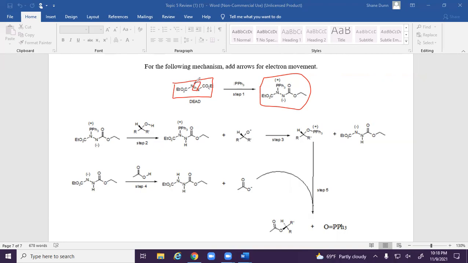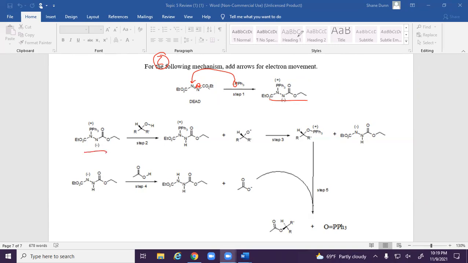Right? Okay. So what occurs is the bond breaks here. Electrons go to this nitrogen. These electrons go to that nitrogen. So far, 2 arrows. We then take this guy, move him over here.